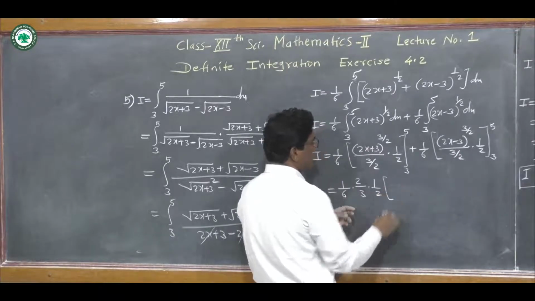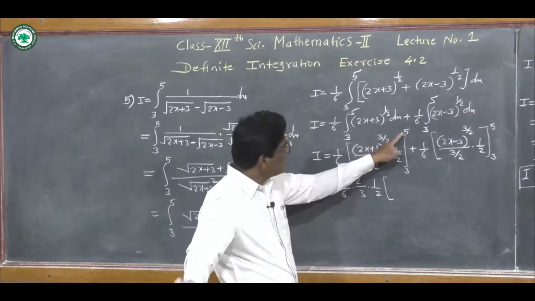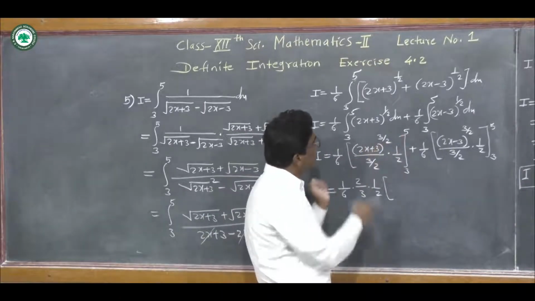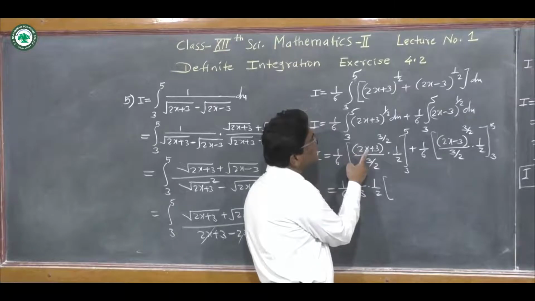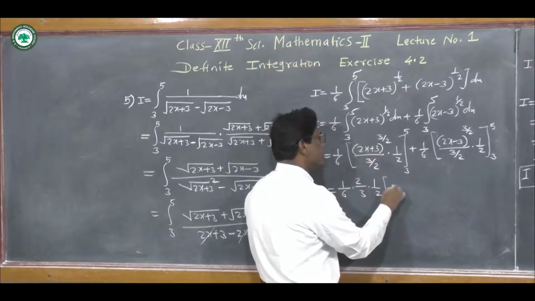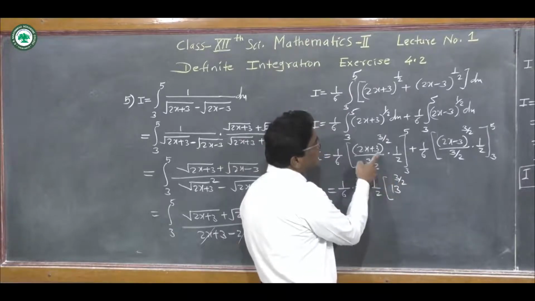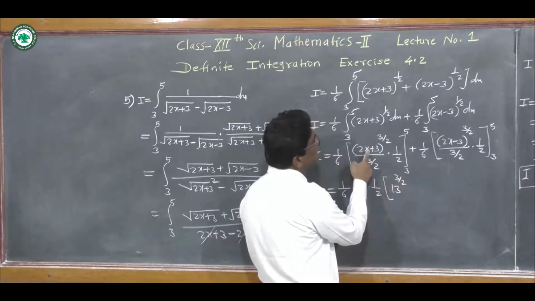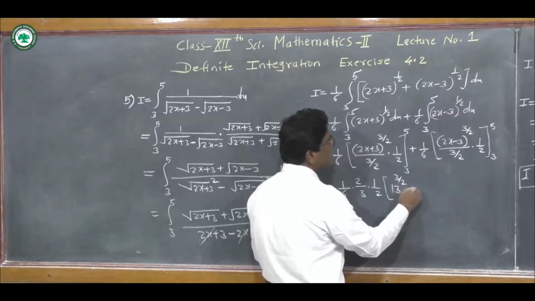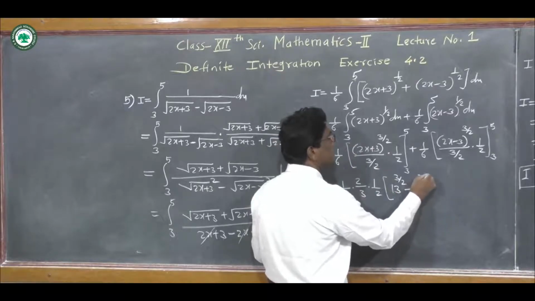Now we put in place of x, 5, that is 2 into 5 plus 3, 2 into 5 is 10, 10 plus 3 is 13. So 13 to the power 3 by 2. Then put the value of x as 3, 3 into 2 is 6, 6 plus 3 is 9. So minus 9 to the power 3 by 2.